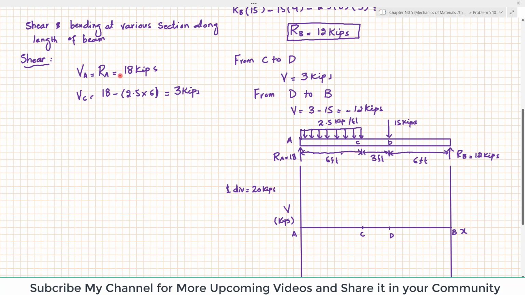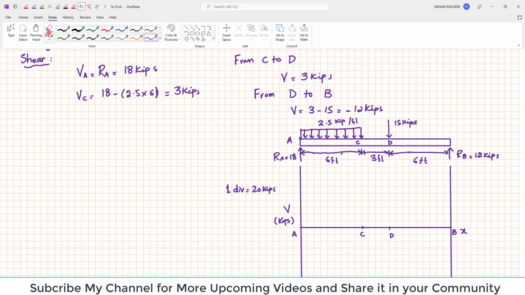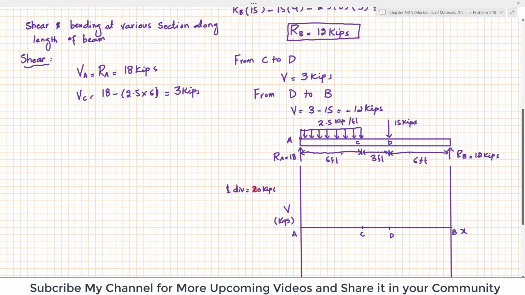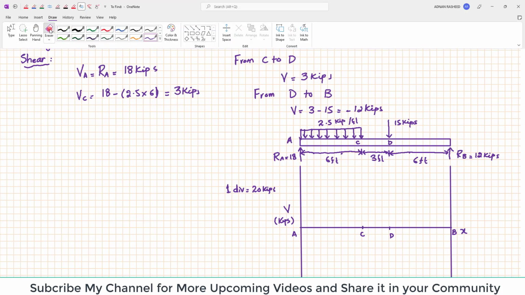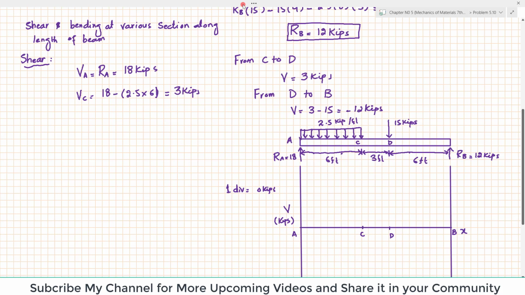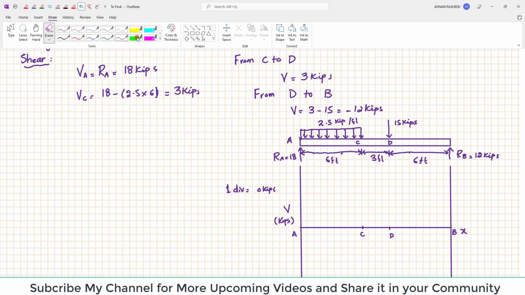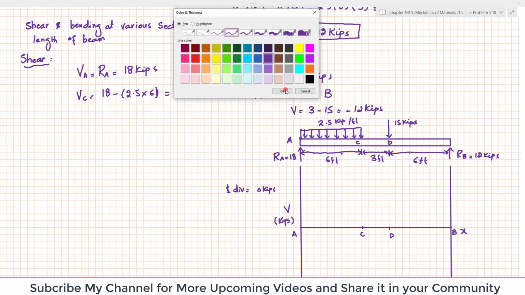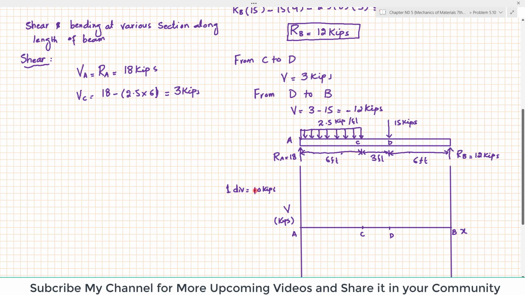At point A there is 18 kips, so one division is this one. Okay, one division is not sufficient, so we have to alter it. We can say one division is equal to 10 kips. So at point A we have 18 kips, so this is 10 kips and this point will be 18.